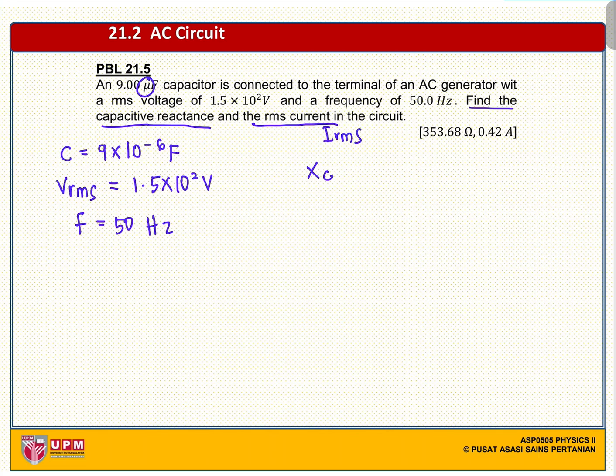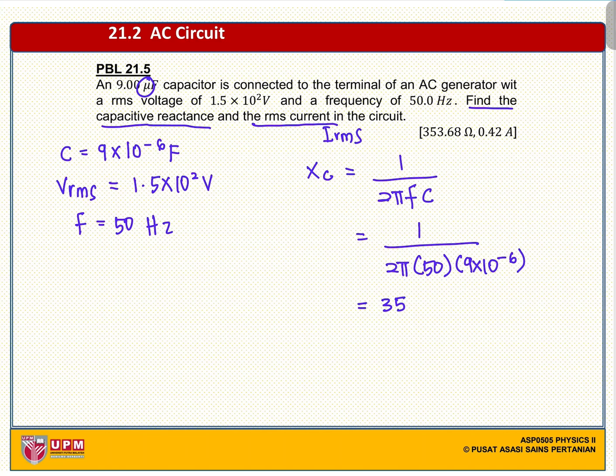So, untuk capacitive reactance XC awak akan dapat 1 over 2 pi F darab dengan C. So, 1 over 2 pi, your F is 50 and your C is 9 darab 10 kuasa negatif 6. So, you will have to get it by 353.68. Jangan lupa unit dia adalah ohm. Dan untuk soalan yang kedua, dia nak IRMS.